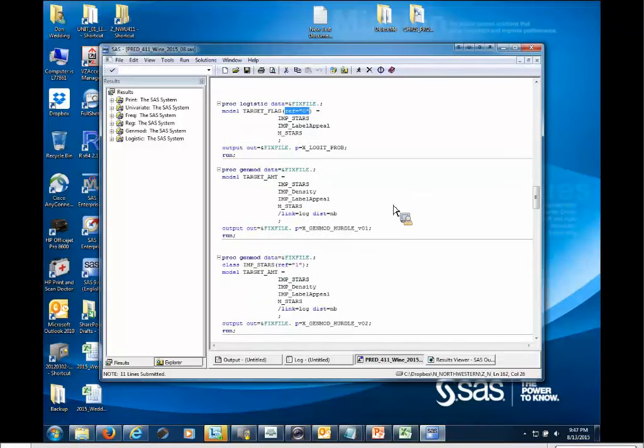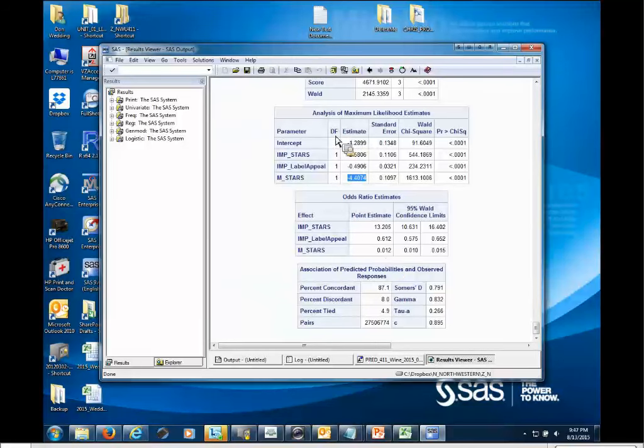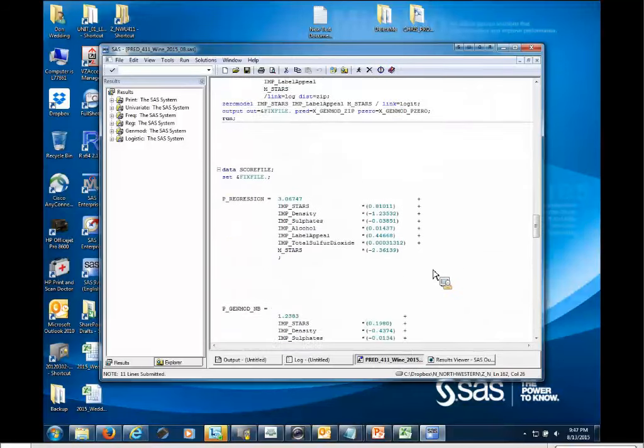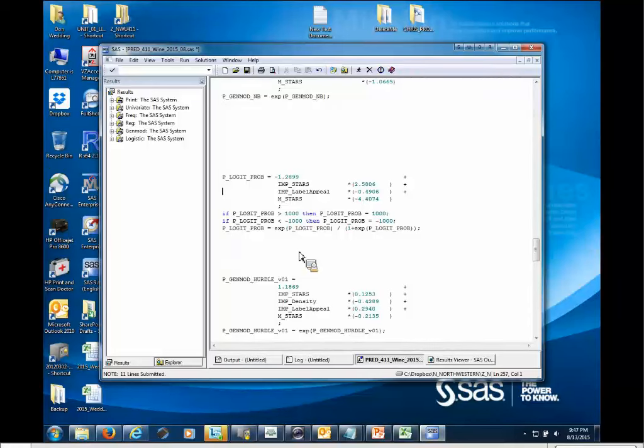Now, when I did that, here are my answers right here, my coefficients. And if you come down here, this is something you should have done before in the last section, Unit 2. So here's the probability that the guy buys wine.